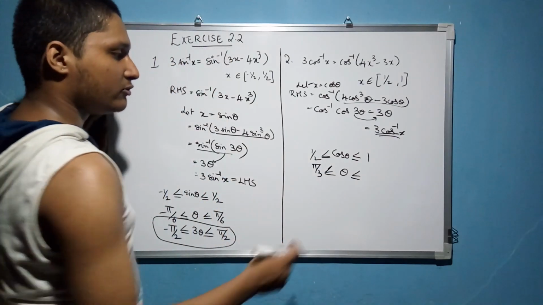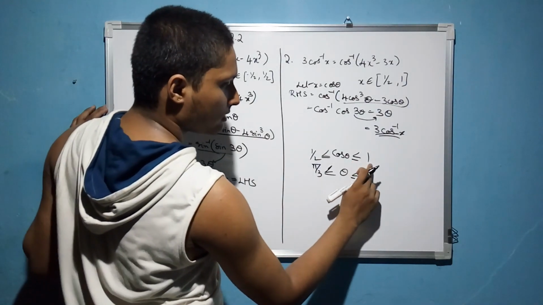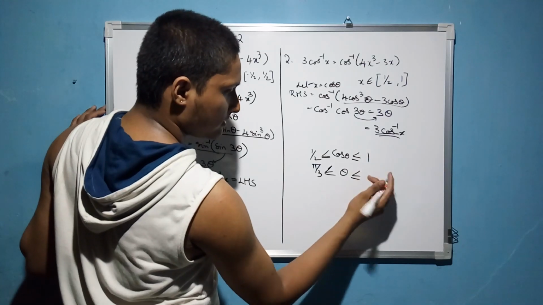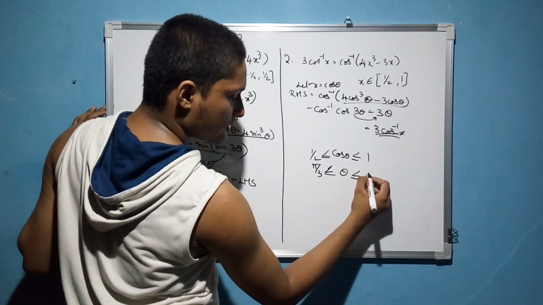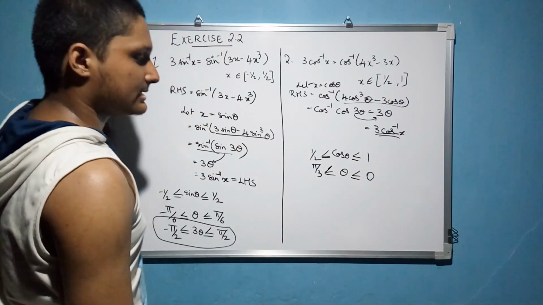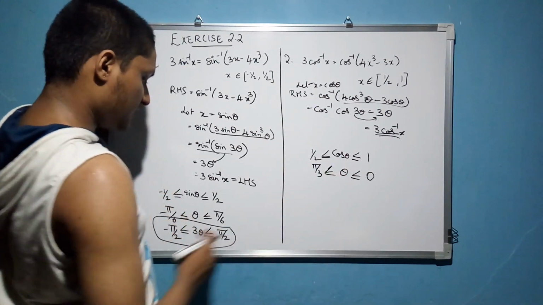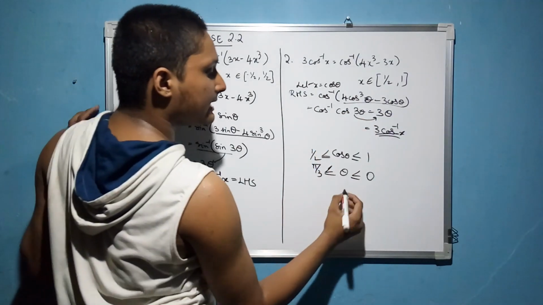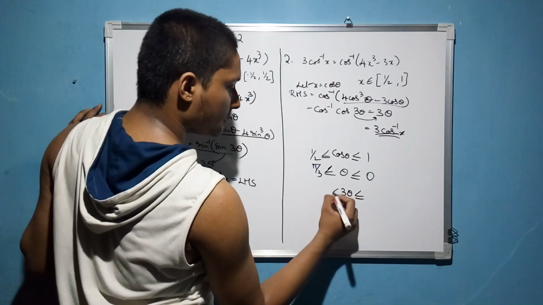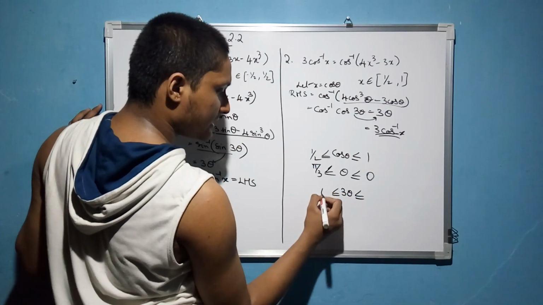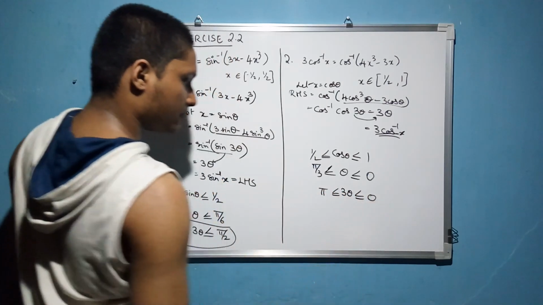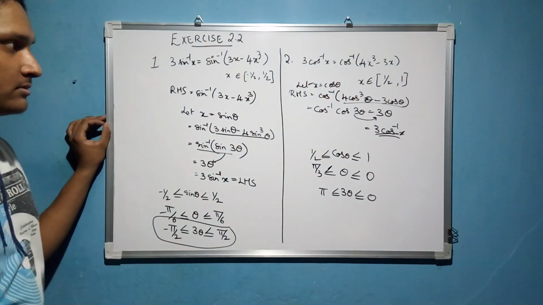Then you have cos inverse 1, that is 0. So similar to this, because this is 3 theta inside, 3 theta should belong to, multiplying 3 on both sides, from pi to 0.